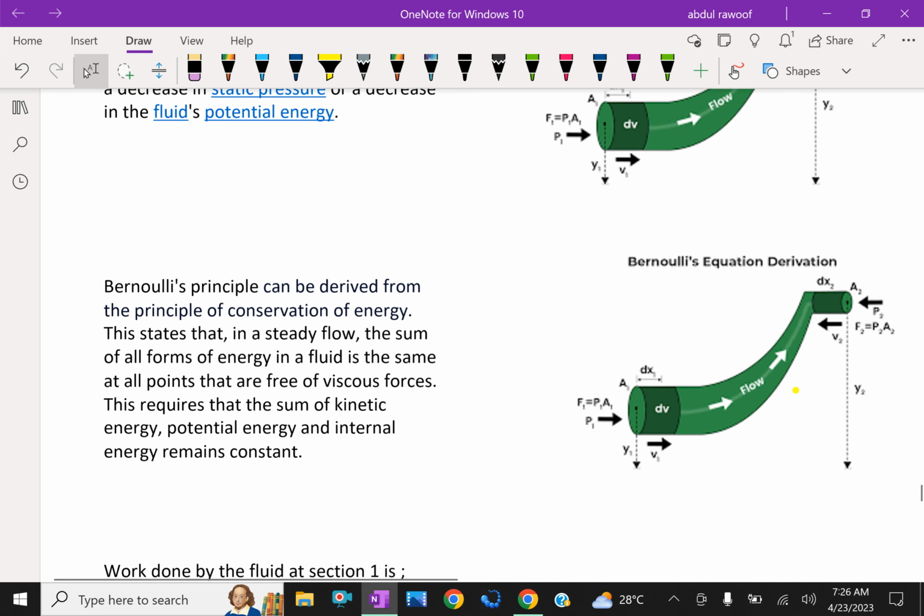Now, Bernoulli's principle can be derived from the principle of conservation of energy. This states that in a steady flow, the sum of all forms of energy in a fluid is the same at all points that are free of viscous forces. This requires that the sum of kinetic energy, potential energy, and internal energy remains constant.